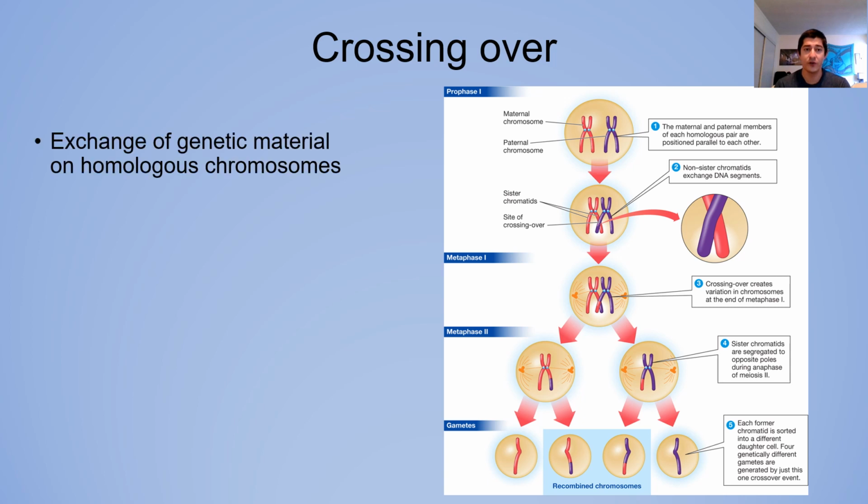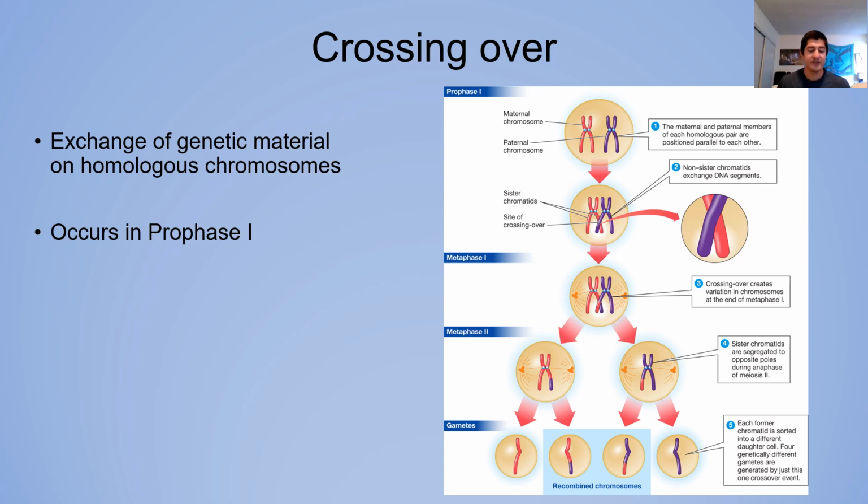So crossing over is the exchange of genetic material on homologous chromosomes, or chromosomes that are the same. And this occurs in prophase 1, as I mentioned. And what happens is, during this time, the chromosomes are lined up side to side. And the parts that are next to each other can sometimes swap bits of that chromosome.